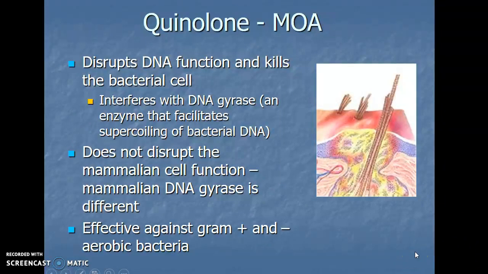So how do quinolones work? They interfere with an enzyme that is called DNA gyrase. When DNA is going to replicate, it has to kind of unravel, uncoil. The Baytril folks had this wonderful animation, and they unfortunately took it off their website.